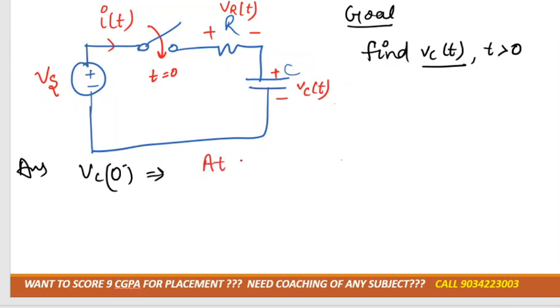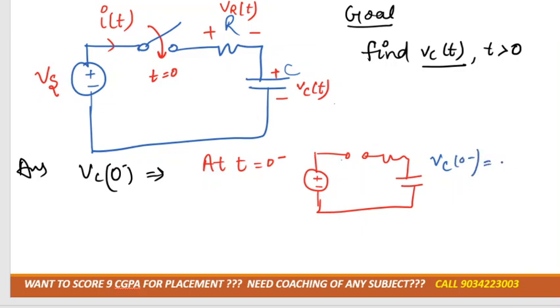We need to draw the circuit at t equal to 0-, right? At t equal to 0-, is the switch open or closed? Open. So if I draw the circuit, then Vc(0-) is equal to 0, and Vc(0+) is also equal to 0.